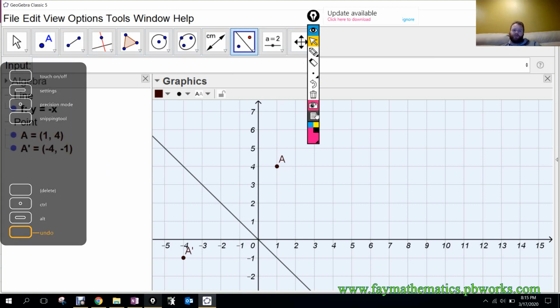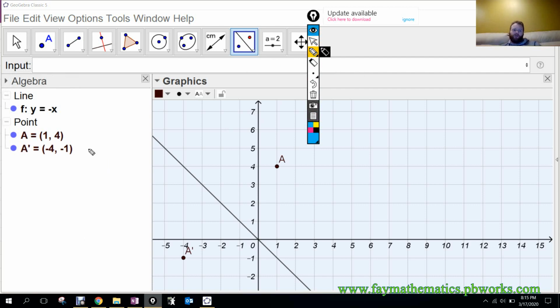So that's the rule when we do a reflection across the line y equals negative x. If you started with a point A comma B, like 1, 4, it turns into the opposite of B comma the opposite of A. So you flip them both and you negate them both. And that's going to give you a new point on your reflection.